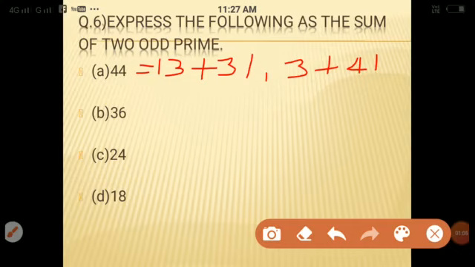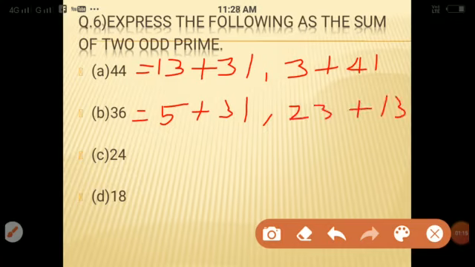Now 36: 5 plus 31. Now the next combination is 23 plus 13. Then the next number 24: 11 plus 13.